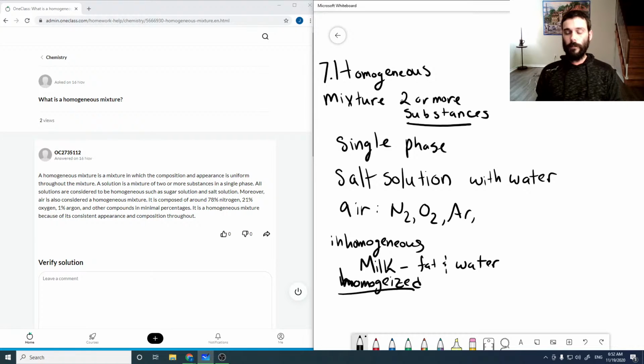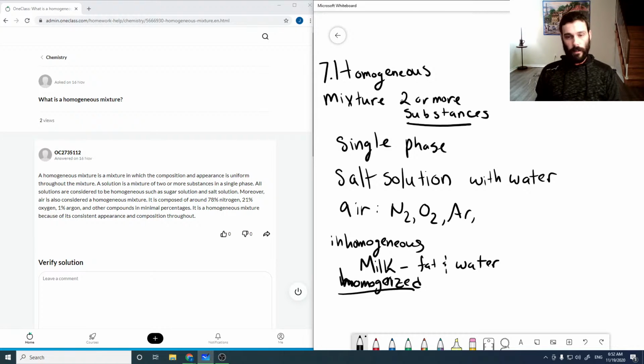Right? So we have two phases here which are separated normally, and then if you blend it really fast, then you can get those two phases to get pushed together until you homogenize the milk.